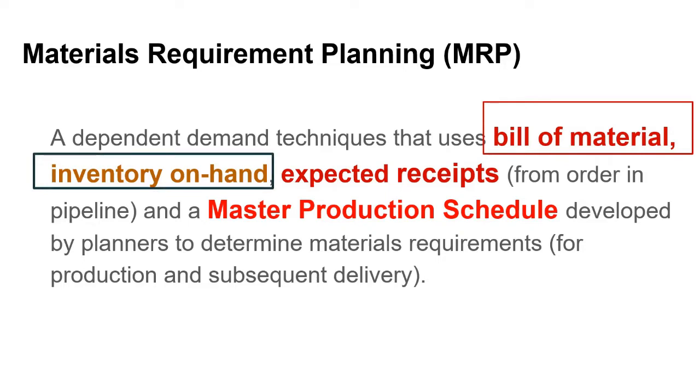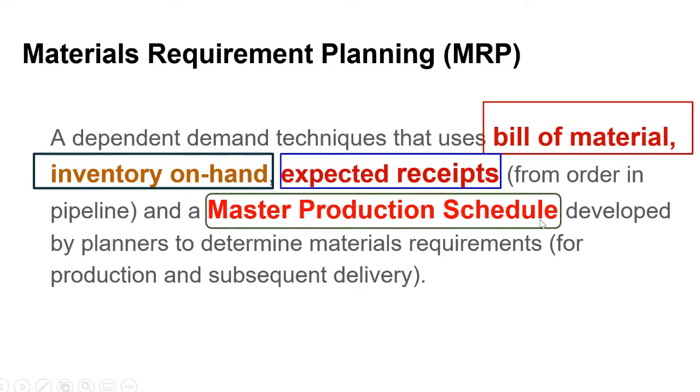How many you have already in the stock, and then how many you expect to receive, which is actually orders in the pipeline. All right. So these four requirements, and another one is the master production schedule developed by planners to determine material requirements for production and subsequent delivery according to the time.